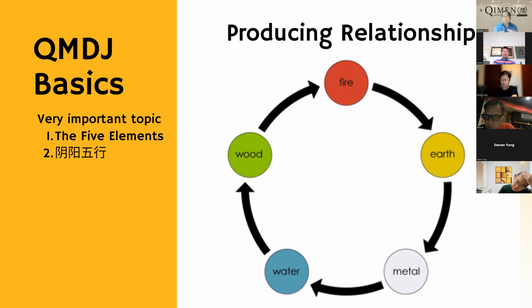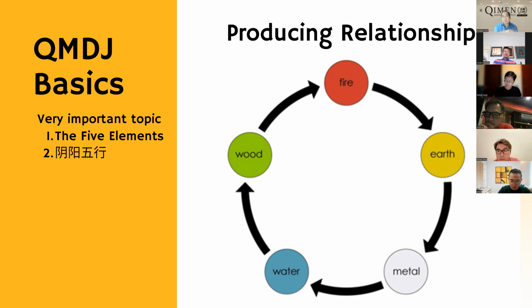So when we talk about producing, when something produces something, the other party will receive good energy and become better, become happier, and will have a better positive effect. So this is what producing is. When the wood is producing the fire, the wood makes some effort, which means that the wood will become lesser in terms of energy.